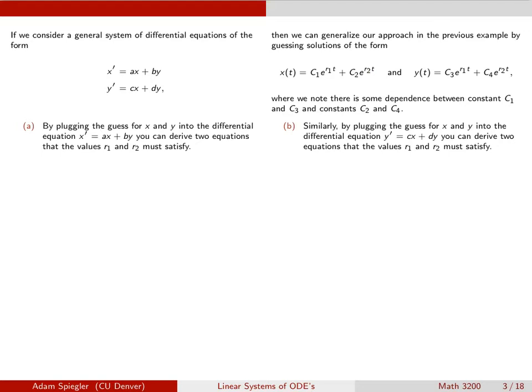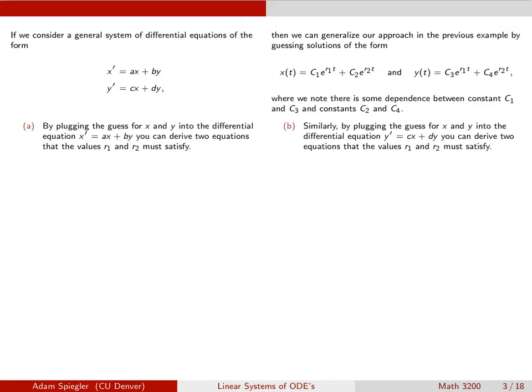So when we were working with second order differential equations with constant coefficients, we kind of guessed what the solutions might look like. We plugged them into the differential equation, and then we saw that as long as these values were roots of a characteristic equation, then that's going to generate solutions.